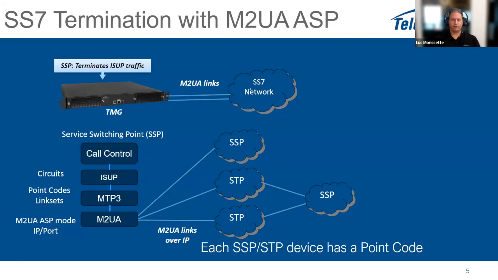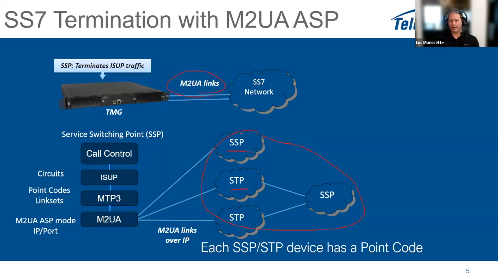If I show you another representation of this, you have the devices here that can get the M2UA links from the SS7 network. The SS7 network is now an IP-based network at this level, and then you have different components of the SS7 network: service switching points, signaling transfer points, where you can send traffic, or you also have SCPs, which I didn't show here.